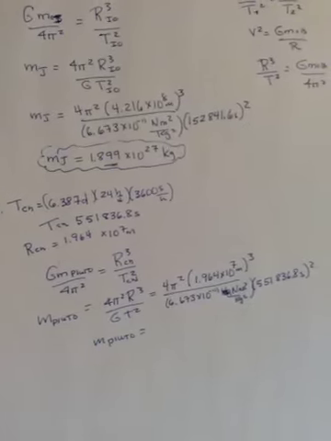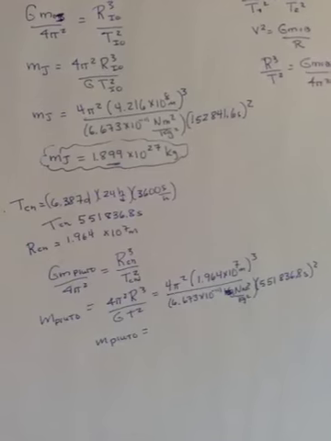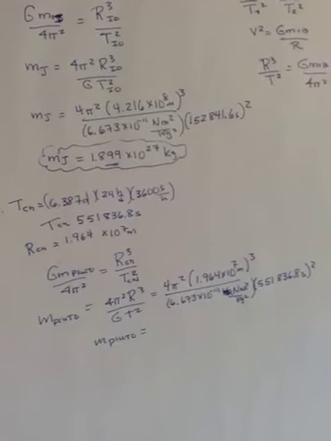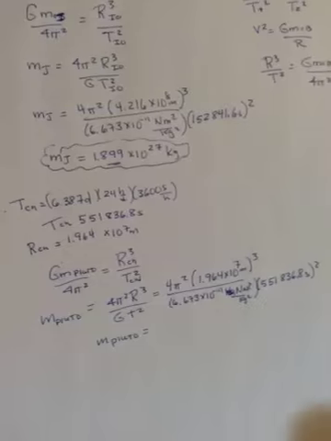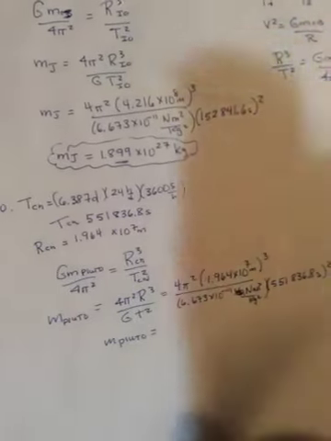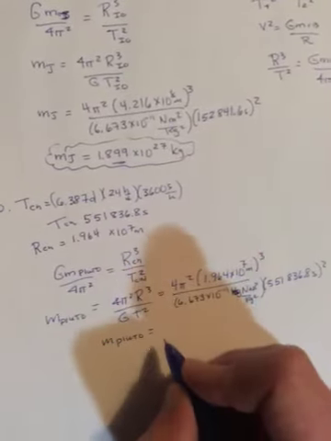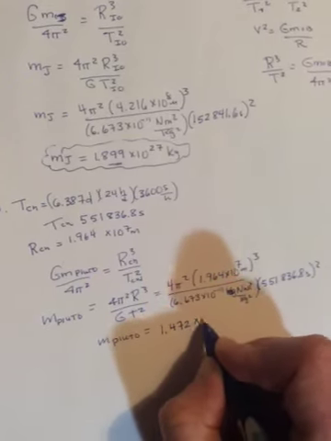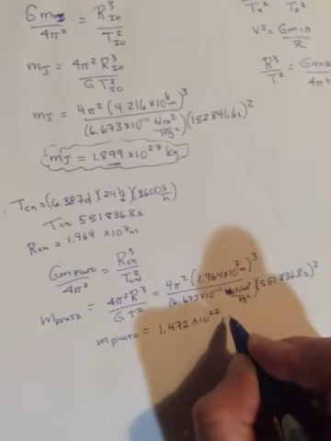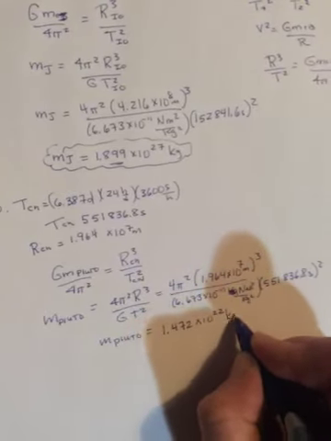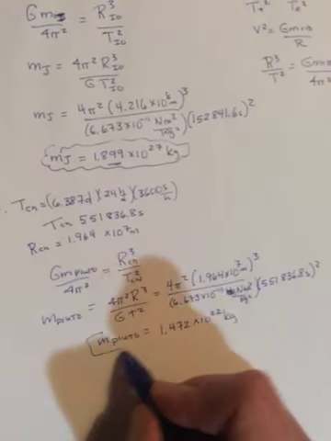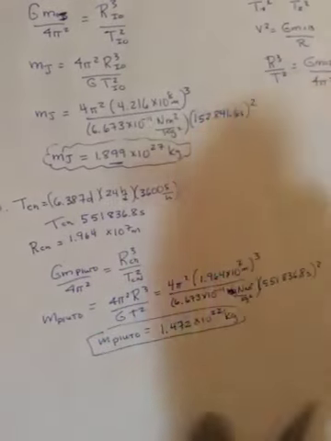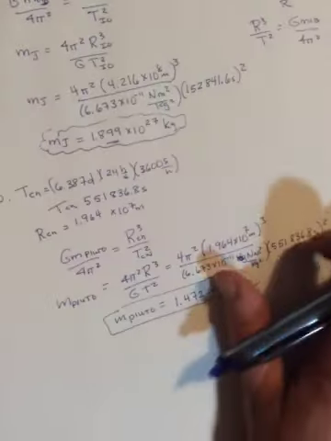Oh, maybe I did and I just couldn't see it. Times 551,836.8 squared. And you should get 1.472 times 10 to the 22 kilograms. So maybe my top answer was okay then. Okay, so that's number 10.